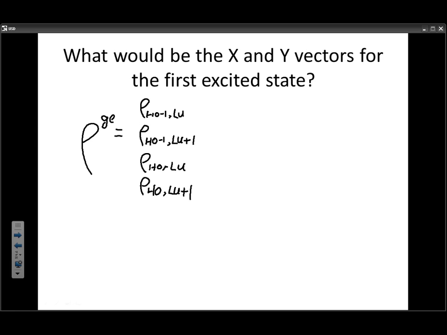What is the first excited state? An electron is excited from HOMO to LUMO.